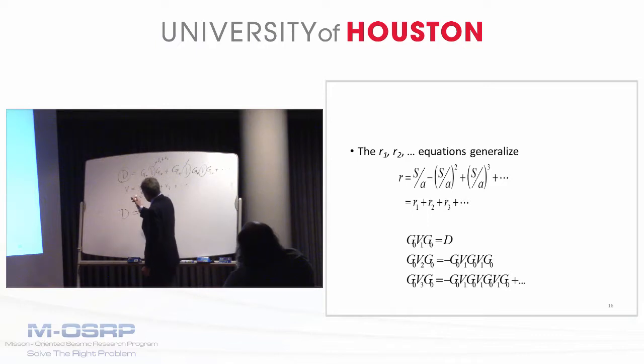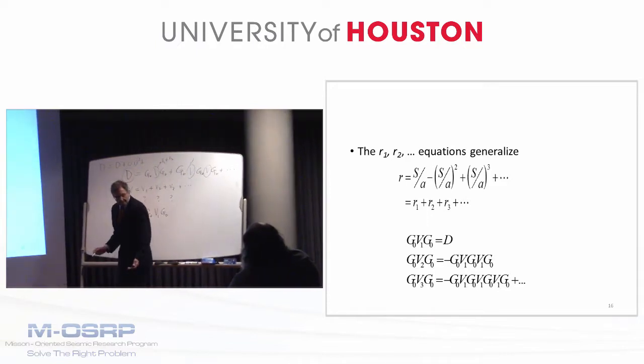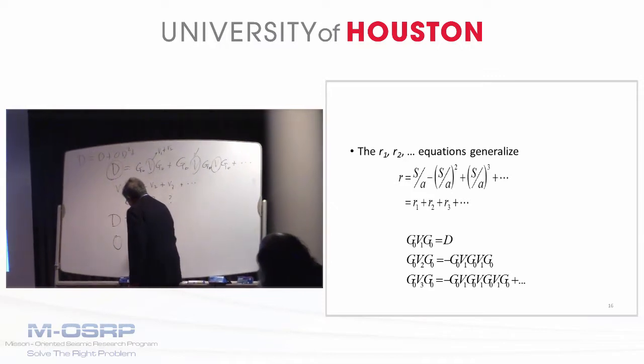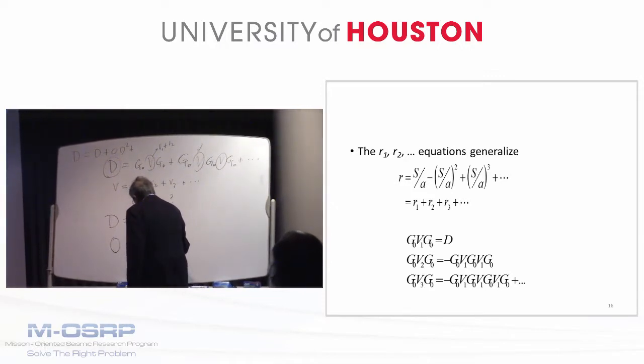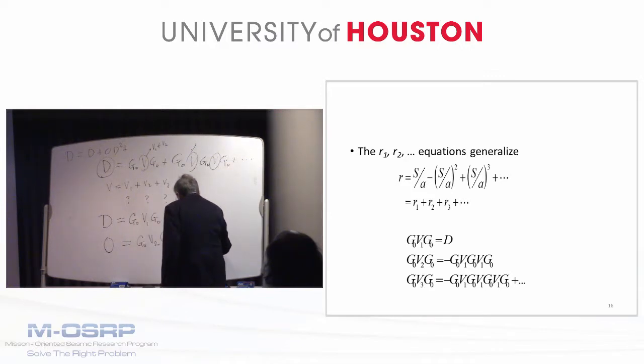What about quadratic? What's quadratic in the data on the left-hand side? Nothing. It's just linear. So the quadratic contribution, in other words, D is D plus 0 D squared plus 0 D cubed, right? On the right-hand side, it's G0 V2 G0 plus G0 V1 G0 V1 G0.